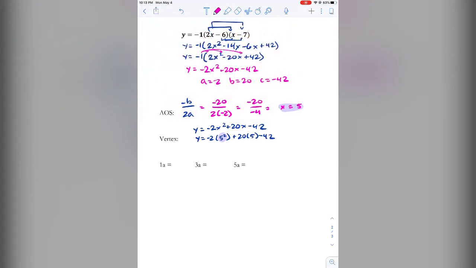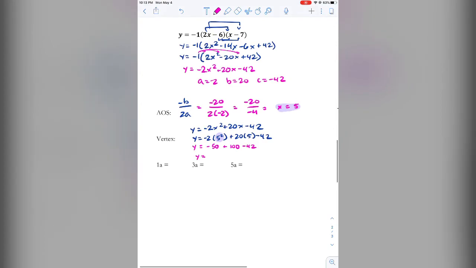So 5 squared is 25 times negative 2 gives me negative 50 plus 20 times 5 is 100 minus 42. Well, negative 50 plus 100 is positive 50. Positive 50 minus 42 is then 8. So y equals 8, which gives me my vertex at negative 5, 8.